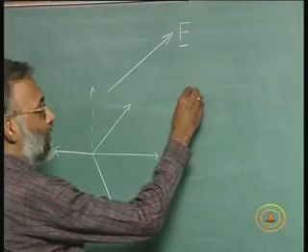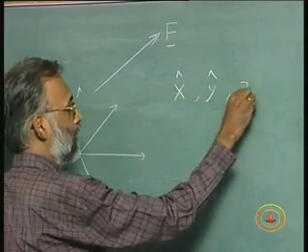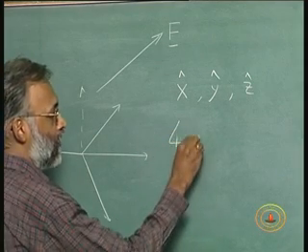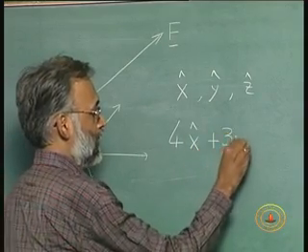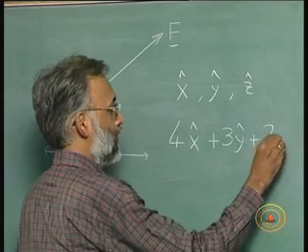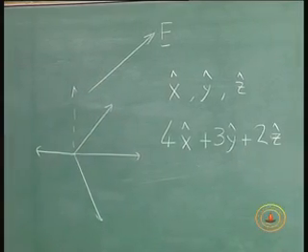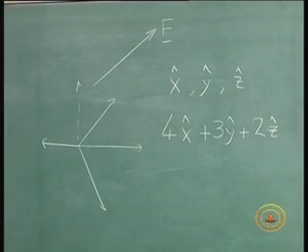An example is the unit vector along x, the unit vector along y, and the unit vector along z. And we know that any vector can be built out of these 3 vectors. For example, I can build a vector called 4 units along x plus 3 units along y plus 2 units along z. And any vector at all can be constructed using these 3 vectors.